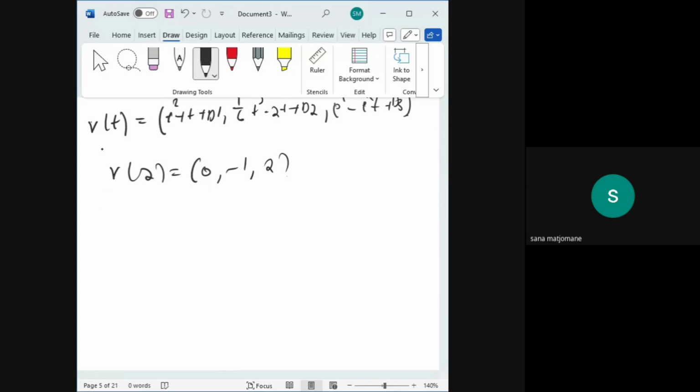Perfect. So what do we do? Who can tell me what the next step is? You substitute the 2 in for the t there. You replace the t's with 2.